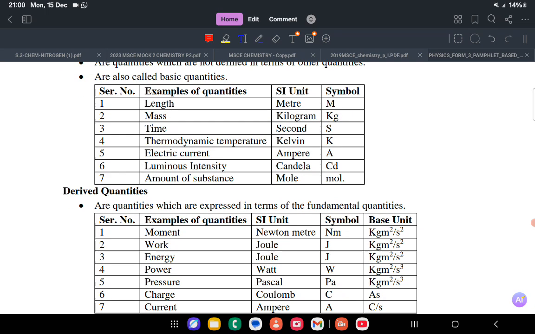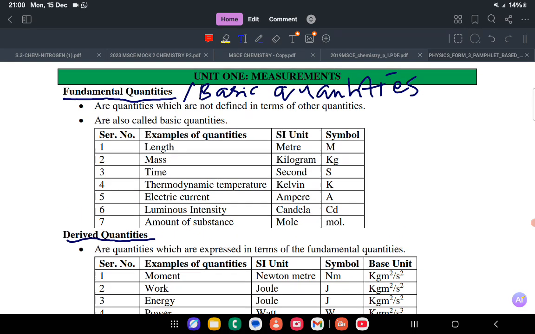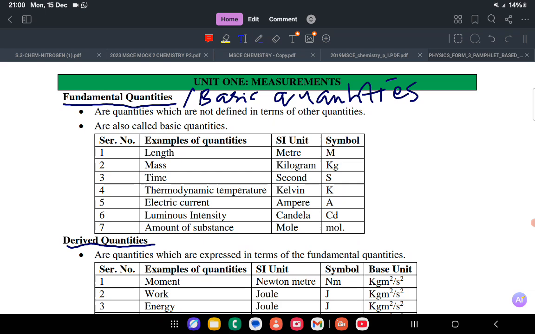The other type of quantities is known as derived quantities. So quantities can be classified into fundamental and derived. Let's define each type, starting off with fundamental quantities.